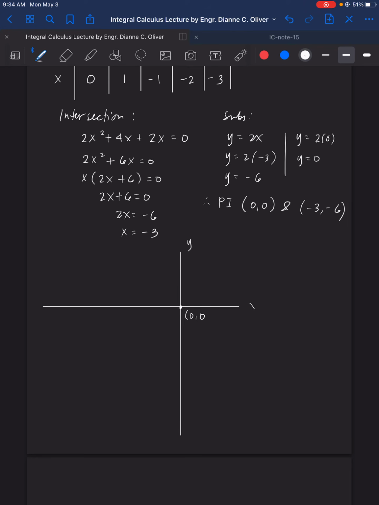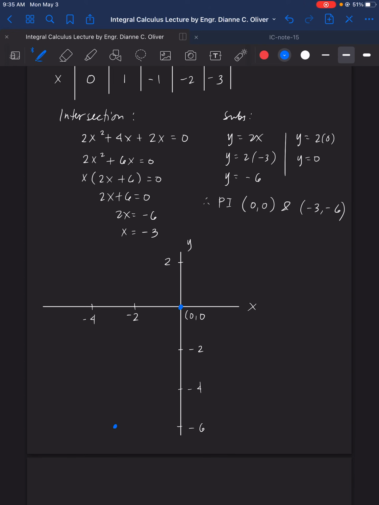This is the y and then the x-axis. Let's put here 2, negative 2, negative 4, negative 6. Then we have here negative 2, negative 4. So the line here is intersecting this point, and then negative 3, negative 6, at this point here.